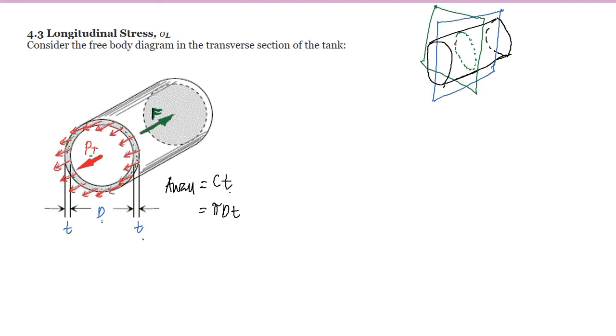For the force F here, from the idea of pressure, pressure is equal to force over area. The area we are considering is the area at the rear of the tank, which is the area of a circle, pi d squared over 4.